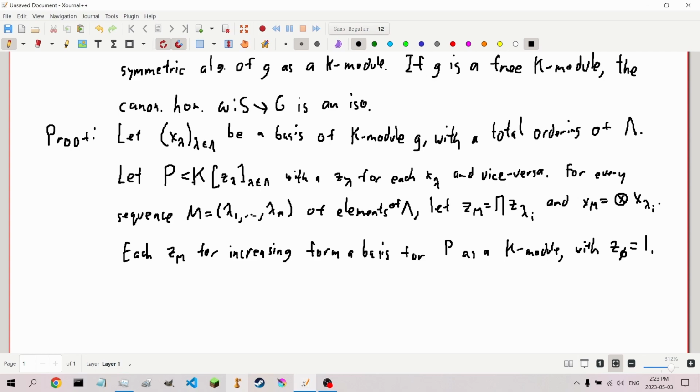Now, we're going to let P_p be the submodule of polynomials of degree at most p.